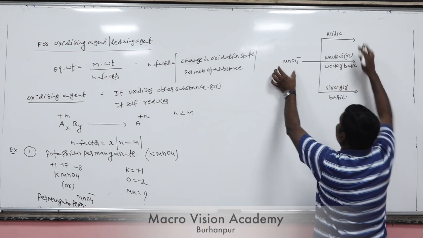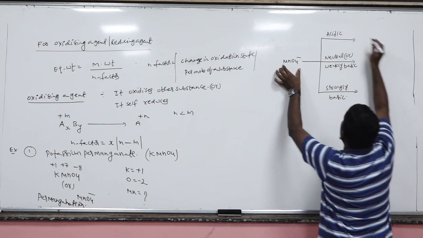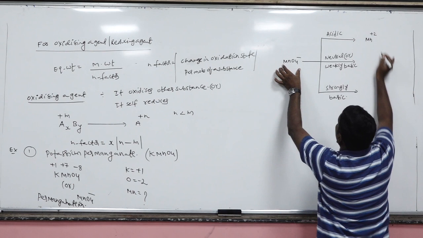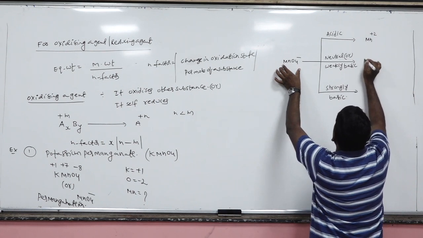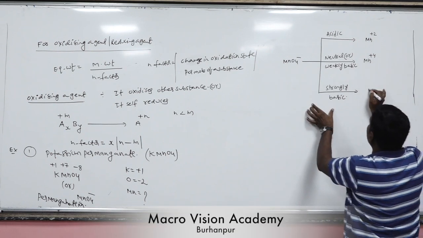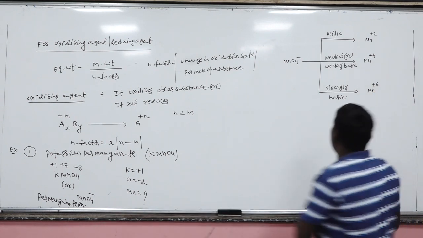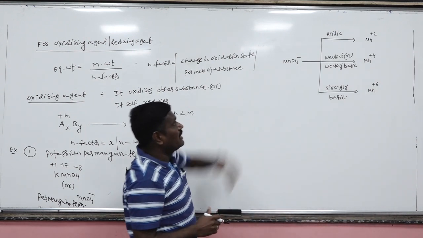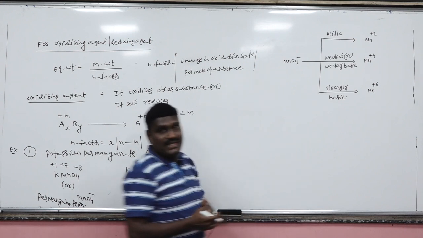In acidic medium, potassium permanganate will be reduced to manganese plus 2. Whereas in weakly basic medium, it will be reduced to plus 4. Whereas in strongly basic medium, it will be reduced to plus 6. This is very important and we have to remember it also. In most of the questions, the product manganese oxidation state will be mentioned.